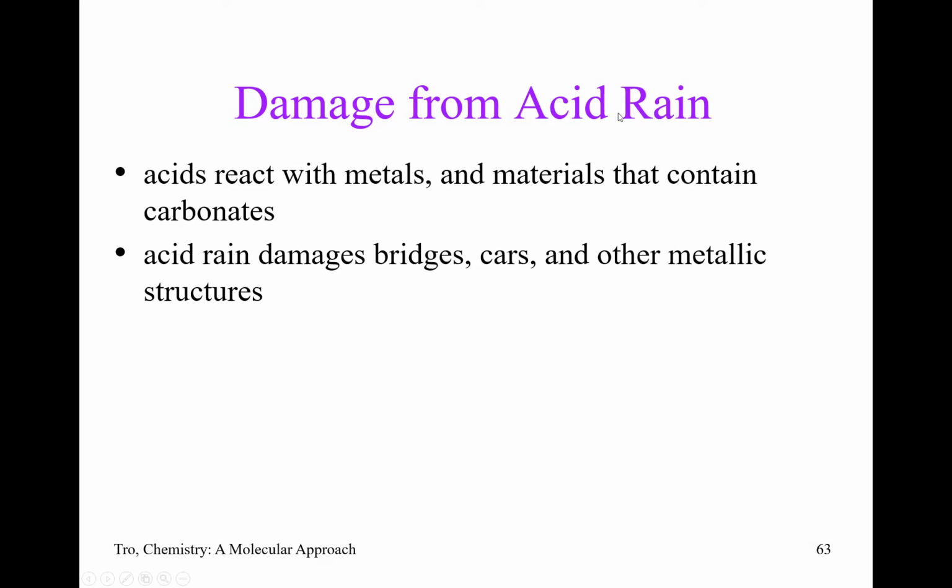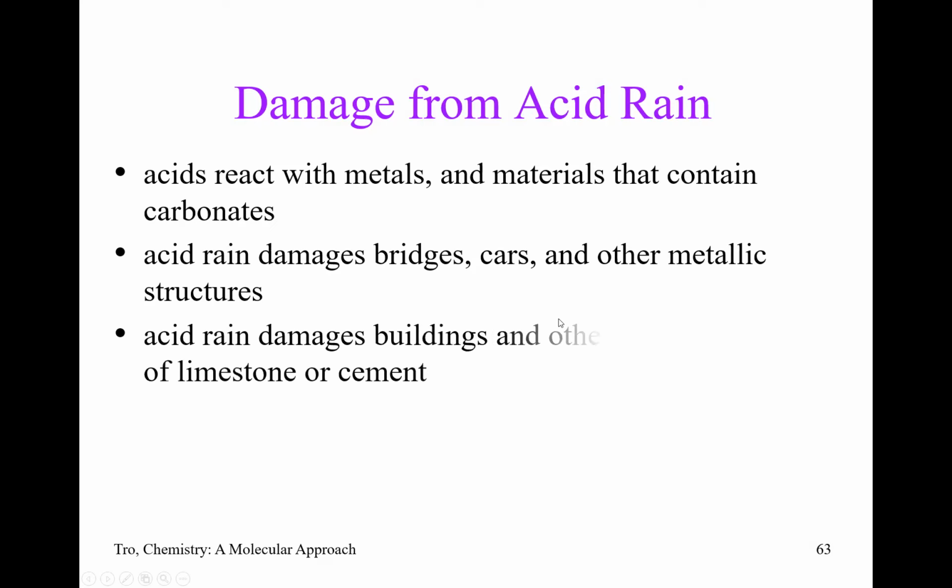Now, the acid rain that falls is less acidic than the acid you use in the lab, so it's a slower process. You use more reactive metals in the lab and stronger acids, so you can see it happen on the time scale of the lab. But this does damage to the materials that we use, buildings and cars and bridges and cement.